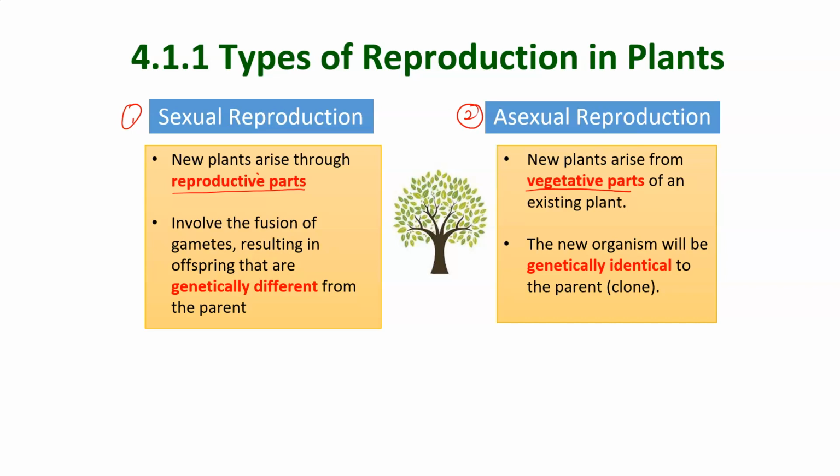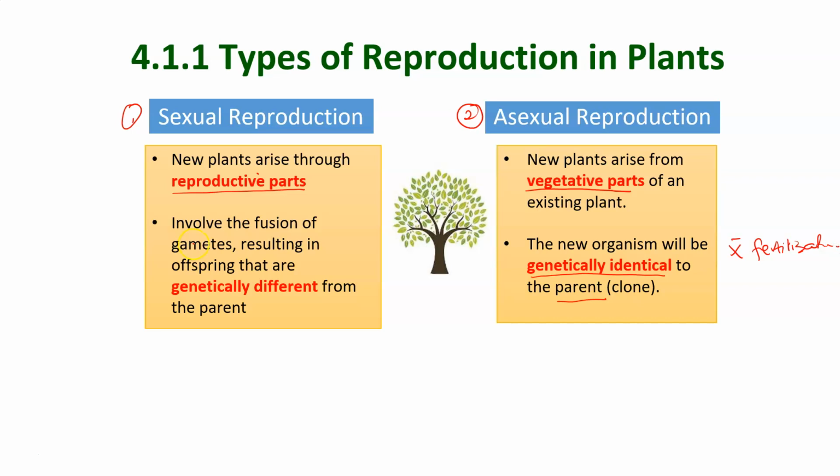When you plant these vegetative parts, a new plant will arise, and the offspring arising from the vegetative part will be genetically identical to the parents. Because there is no fertilization, there's no fusion between egg and sperm.